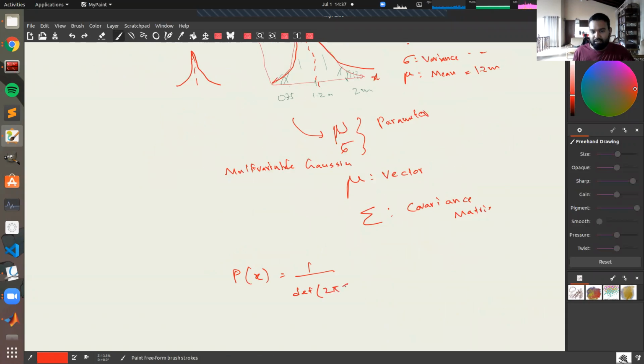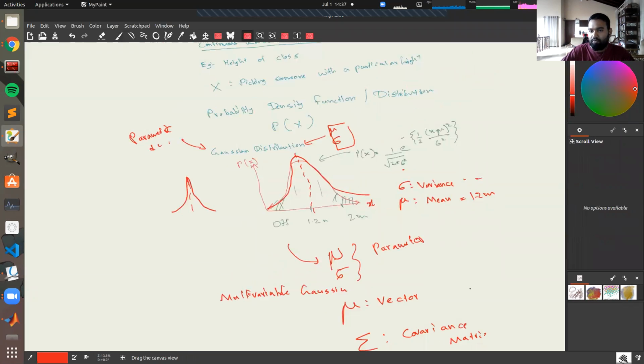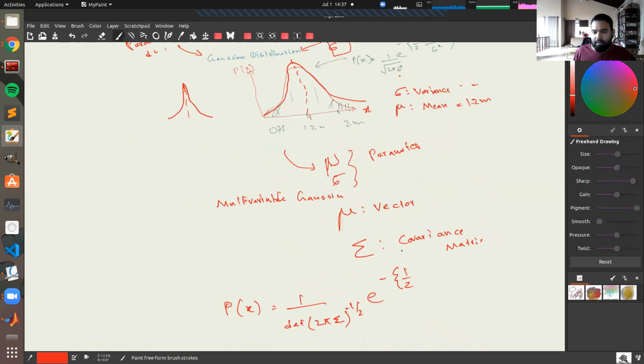So you'll have this sigma to the power minus half, and you'll have the exponent, and again minus half into, here you notice there was a square: x minus mu squared over sigma squared. That will be replaced by x minus mu transpose into sigma inverse x minus mu, like this.